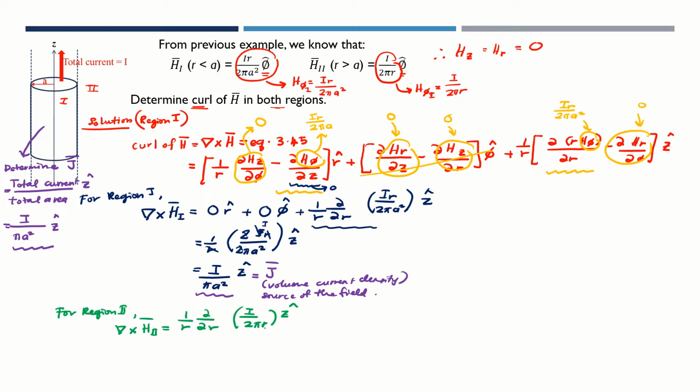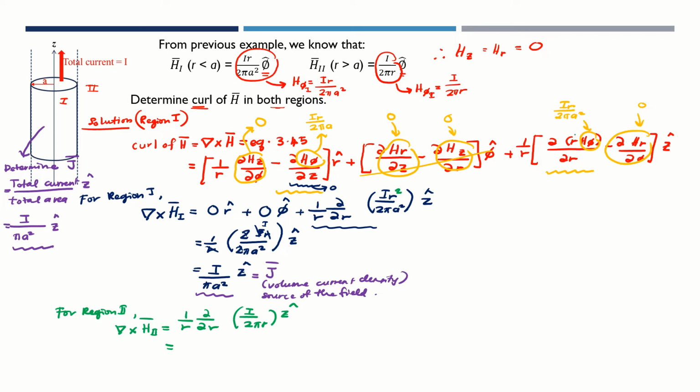So, the differential of r here, it will be 1 over r, so there will be no r left, right? Oh, there is r here. Sorry. For this also, this should be r squared here. I'm so sorry.